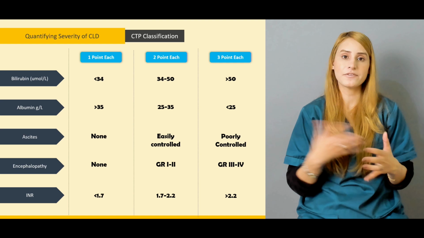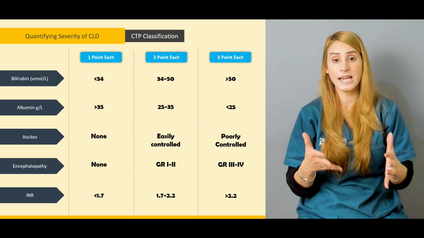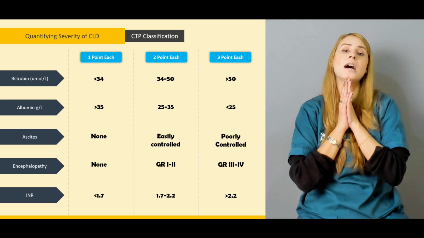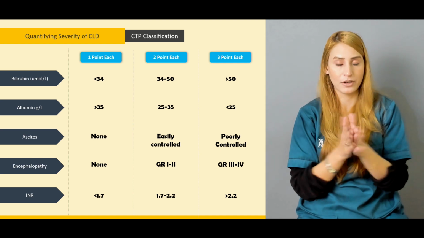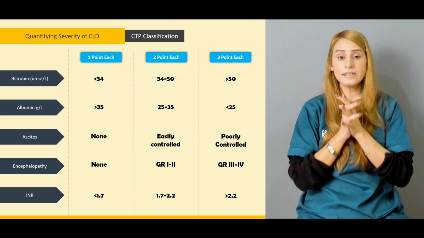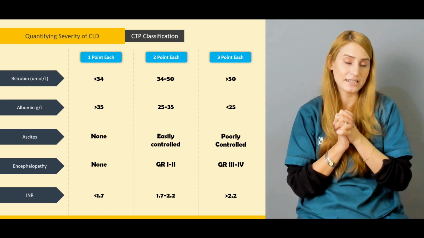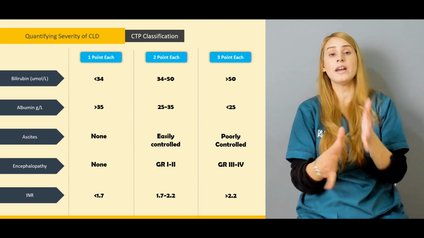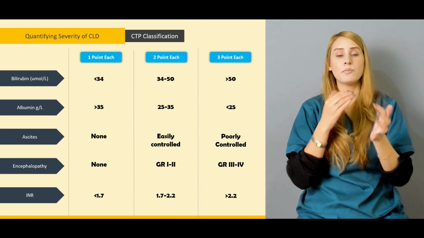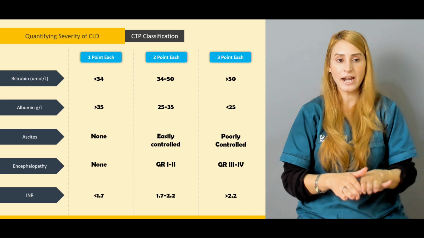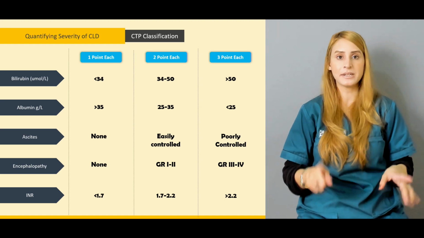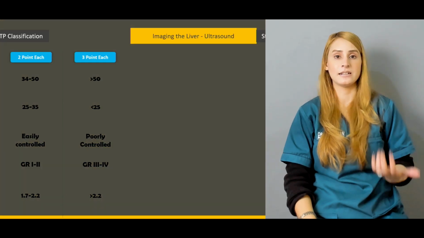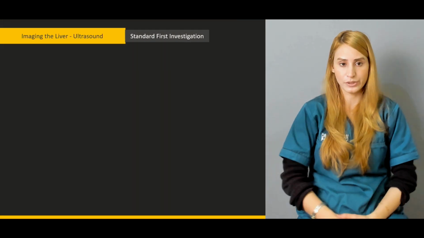So the severity would be more. This is important, the CTP classification, because it helps you in the prognosis and helps you to quantify the severity. So mild, moderate, severe, and remember the parameters: bilirubin level, albumin, ascites, encephalopathy, and the INR status is also important.